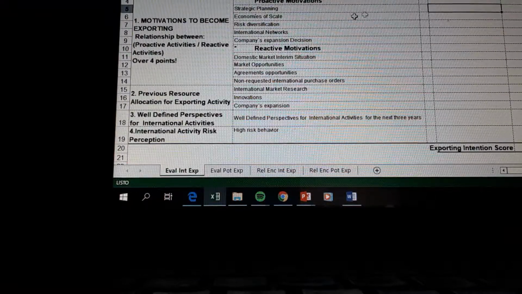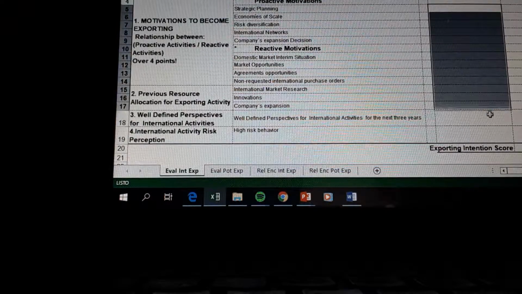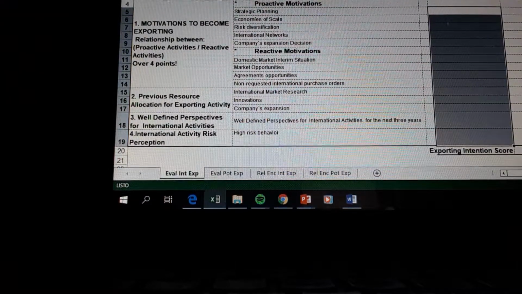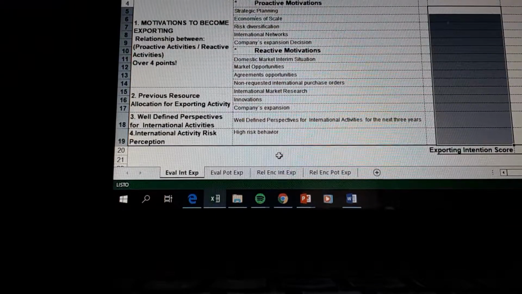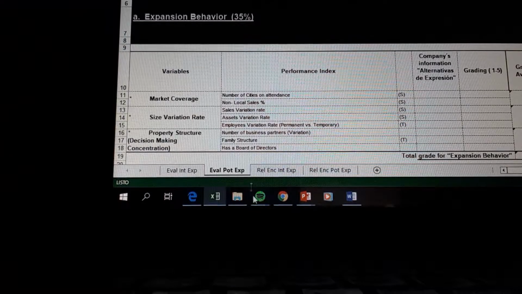And strategic planning, economic of scales. What I want you to do is to back up the reasons, give us the reasons why you evaluate that way. Same thing happens in the exporting potential analysis.